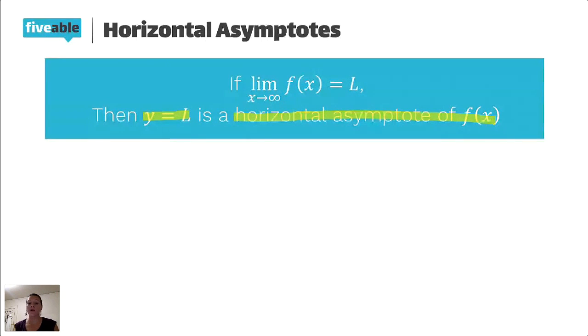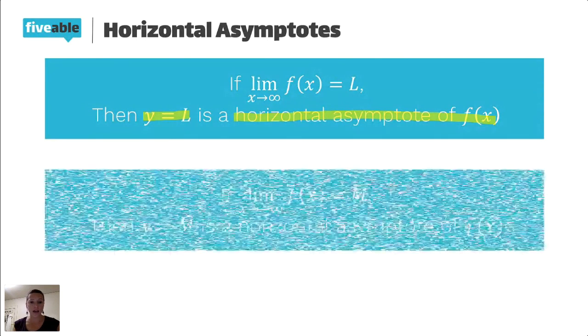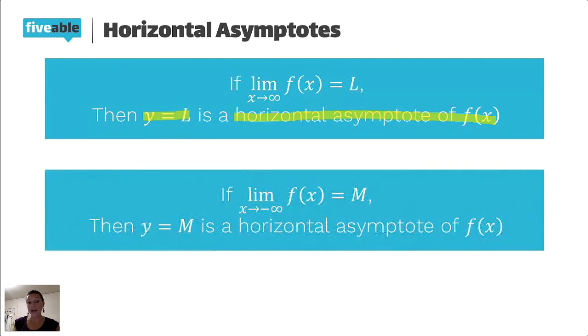Now, I mentioned before that sometimes the limit as x approaches infinity of the function is going to be different than the limit as x approaches negative infinity of that function. So if we end up with another answer like m, then we can also say that y equals m is a horizontal asymptote of f of x, okay?